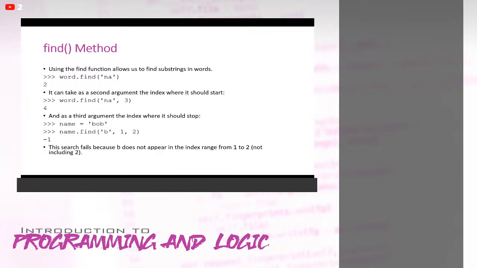Or you could just use this find method to see if a word contains a substring. If it's in there, it's going to find the first instance. If you want to find it at a later point in a string, you can set where the index location should start looking.